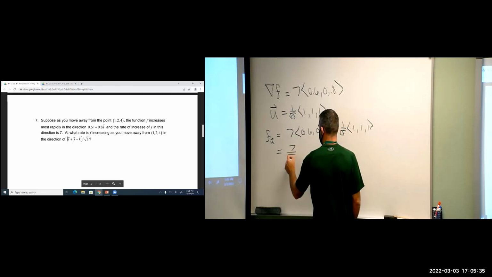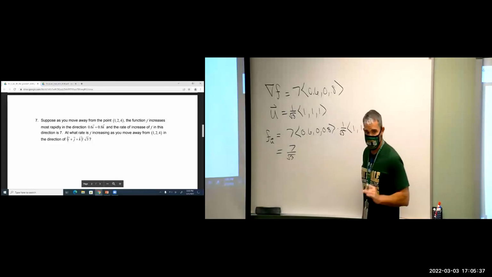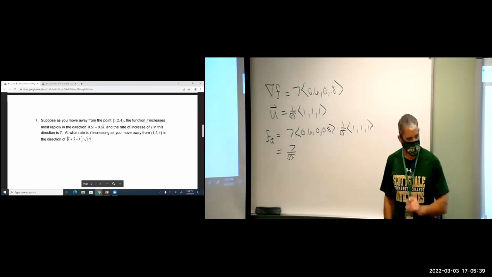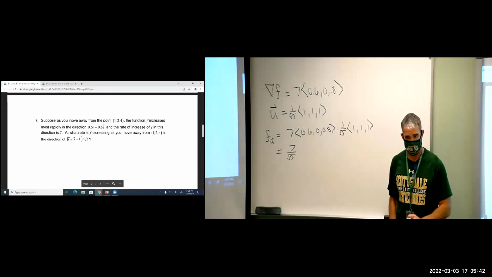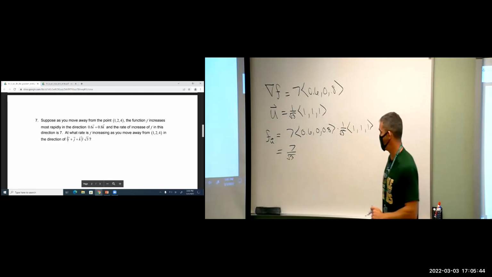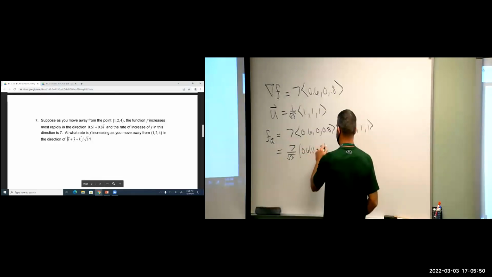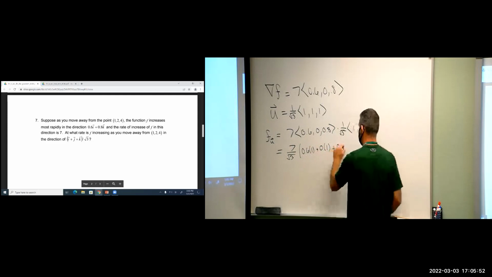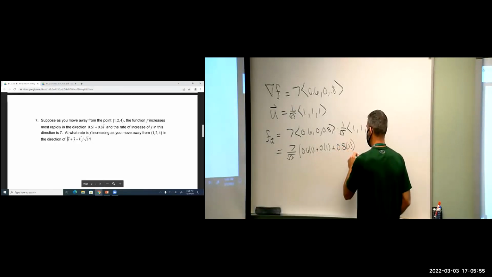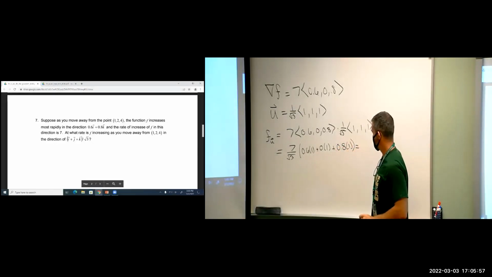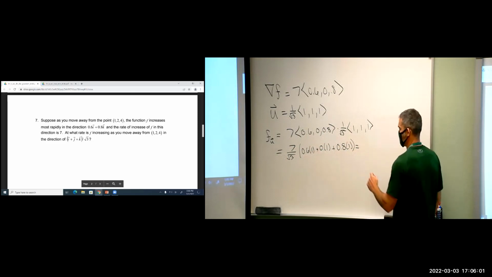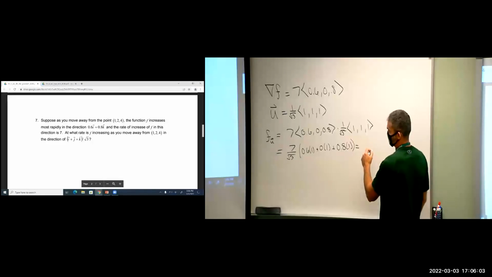As a reminder, the gradient is a vector, but a directional derivative is a scalar. It comes from the dot product, so it should just be a single number. So we end up with 0.6 times 1 plus 0 times 1 plus 0.8 times 1, which is 1.4. And if we multiply that by 7, that's 9.8.